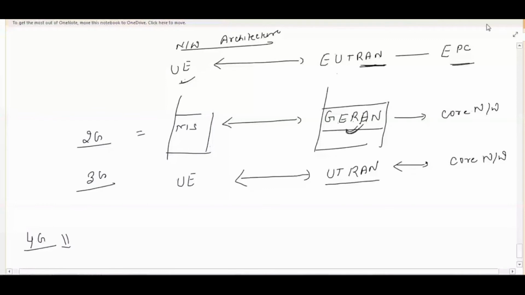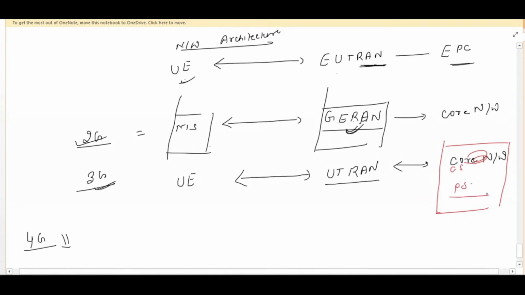2G was completely designed for CS service, and 3G was designed for both CS and PS. That's the reason in 3G, in the core network, we have two domains, the CS domain and the PS domain.